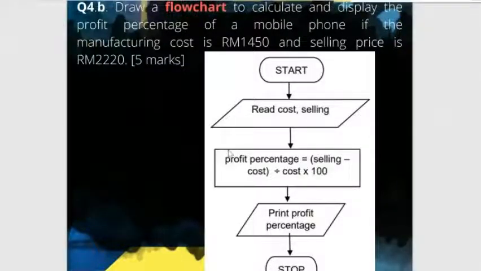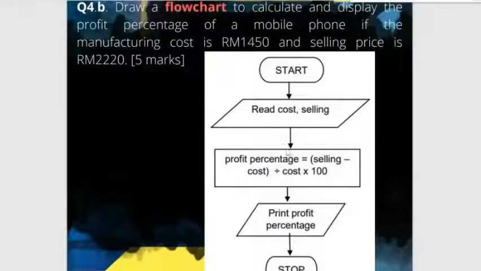But please make sure that the shape is correct. Okay, if not, we will deduct marks. And after that, make sure that when you draw the arrows, please draw an arrow. Do not draw a single line. You must draw an arrow and make sure that your arrow is touching the shape.